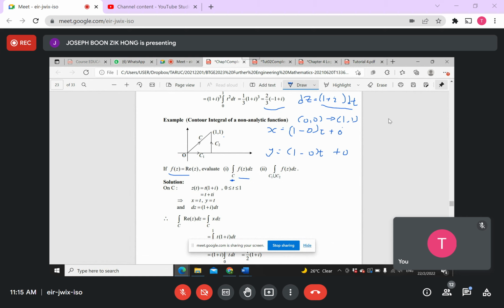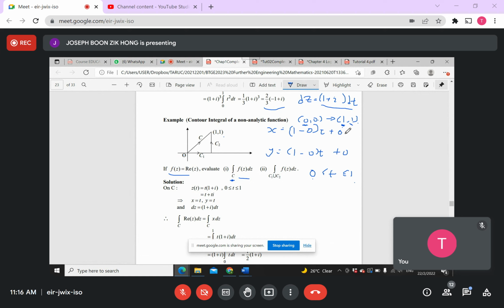It is the last point. When you look at the x, the last point minus the initial point, and then plus the initial point. Then your t will be something in between 0 and 1. When it is 0, then you will have 0,0. When it is 1, then you have 1,1. Y is also the same: the last point minus the initial point times t, and then plus the initial point.